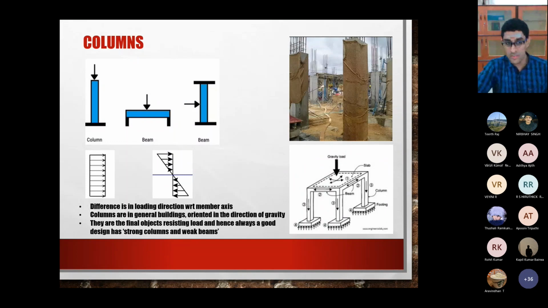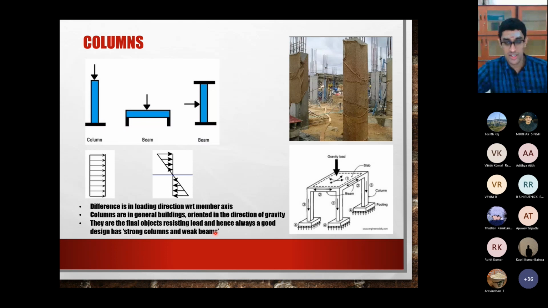So now coming to columns. What is the difference between a beam and a column? There are many differences; you can tell one by one. It is a vertical member.